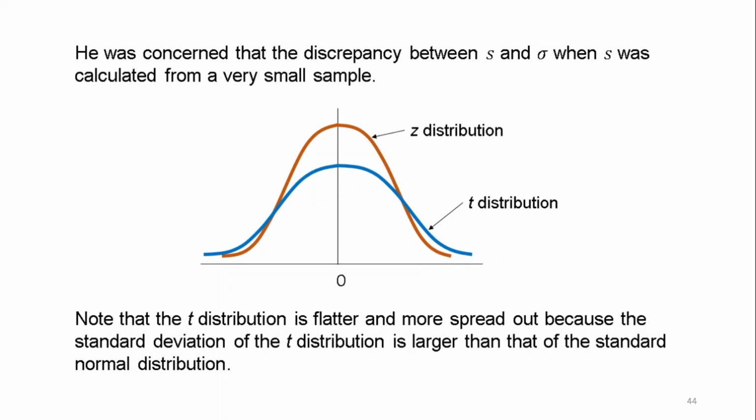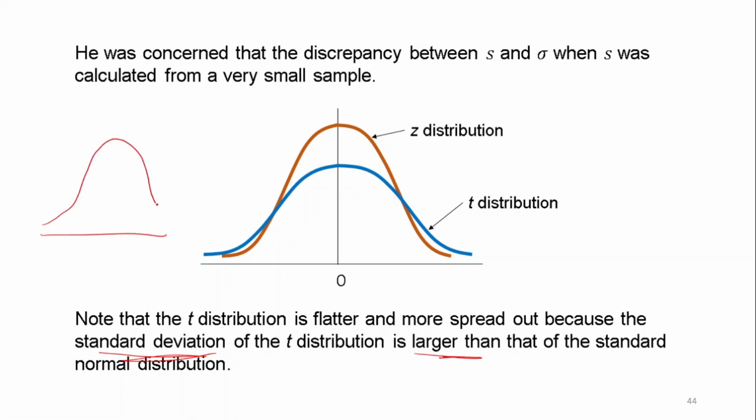Now we can see the difference between the Z distribution and the T distribution. The Z distribution is higher than the T distribution. You can see that the T distribution is flatter and more spread out because the standard deviation of the T distribution is larger.